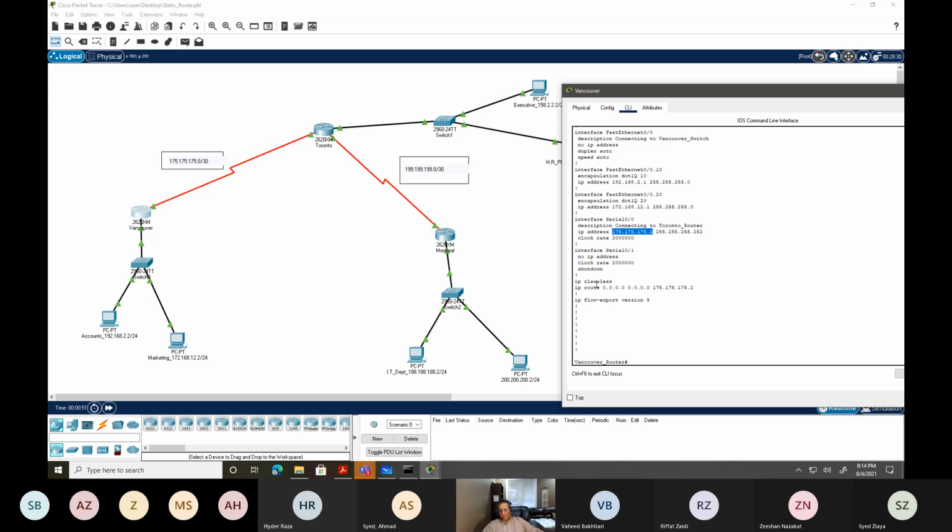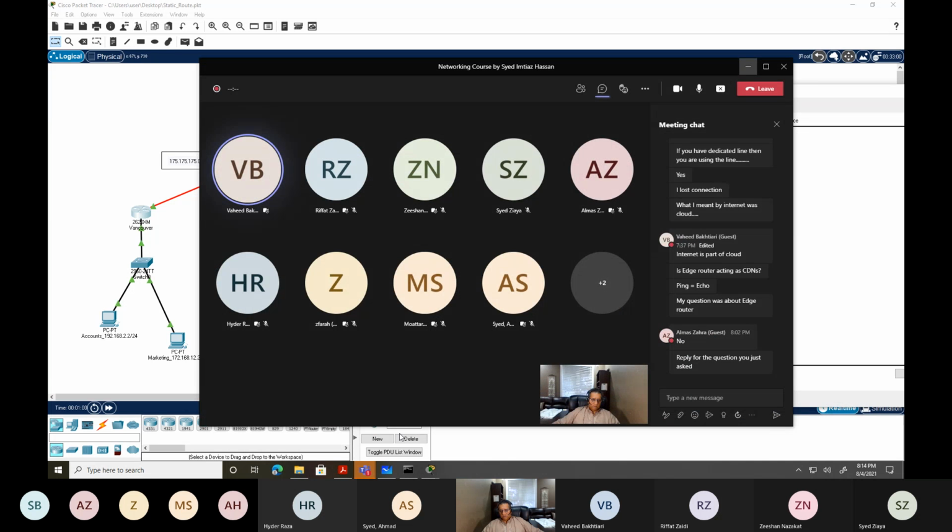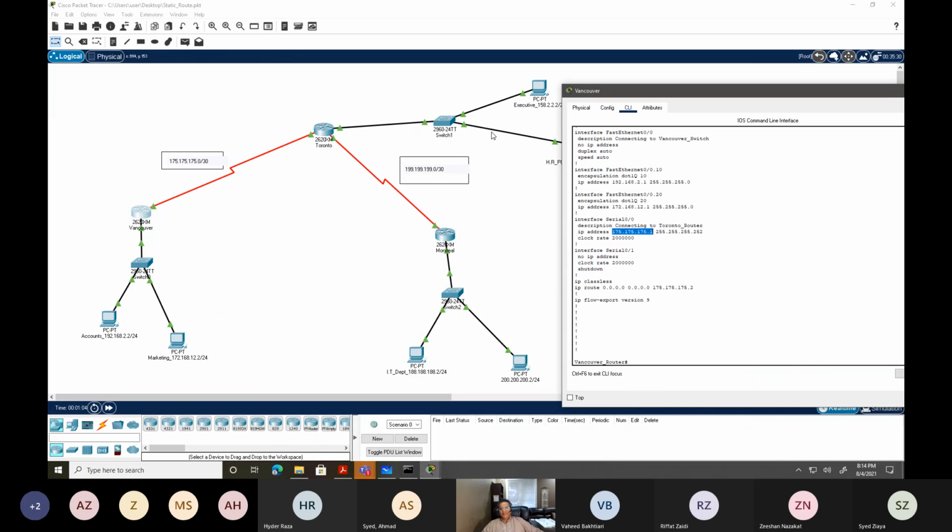Any questions, stop me here, because if you understand this, then it will be easy for me to explain the static route. Any question, confusion here? You have a serial connection between two routers, right? Between two cities, yes, but that's not what I'm trying to show you, my friend. What I'm showing you here is you got Vancouver, you got Toronto. It's connecting on this interface, and this is the IP address on this end, 175.175.175.2 on the other end.